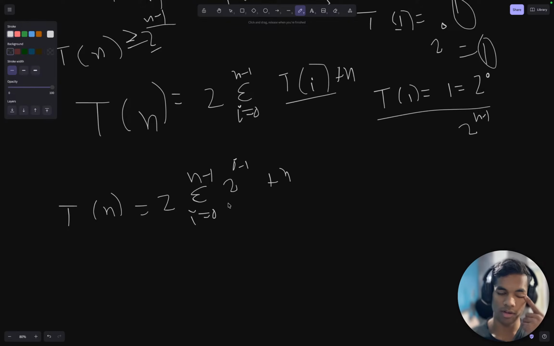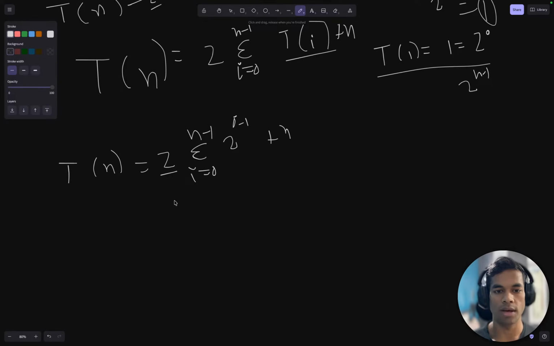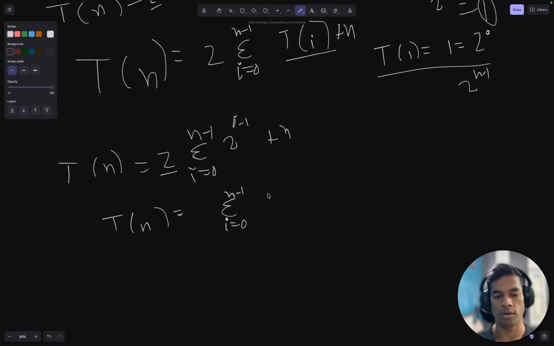And I think we can expand this series. Of course, we can expand this series, and we are multiplying the whole thing by 2. So we can write this as summation i goes from 0 till n minus 1, 2 power i, since we multiplied every term by 2, so the power increased by 1.